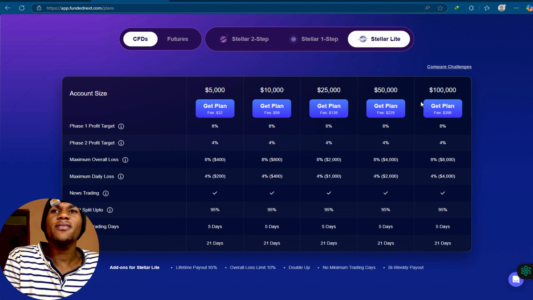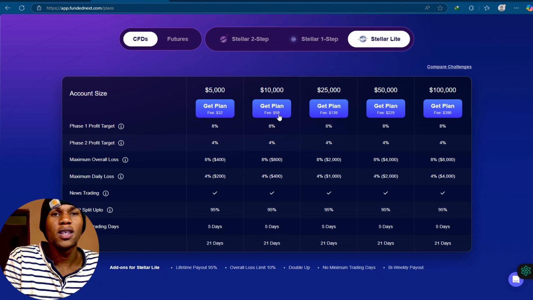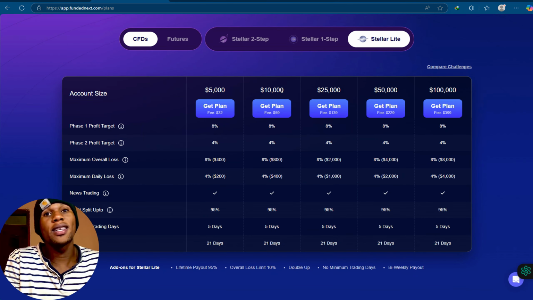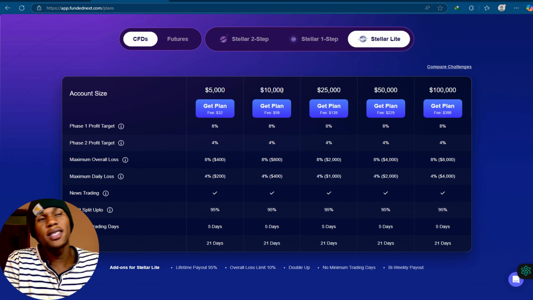If you go back to the Stellar Lite challenge, you can see that at $59 you get $6,000, but the Stellar Lite challenge at $59 you can get $10,000. This is about us showing consistency and discipline to these guys, that we can trade and handle their capital very well without breaching any rule.